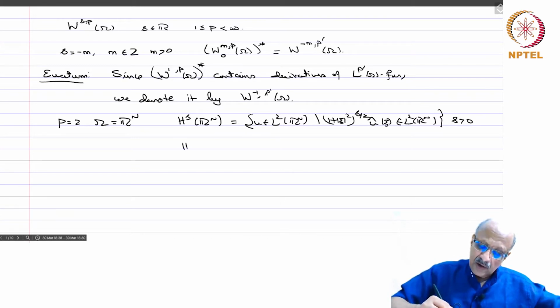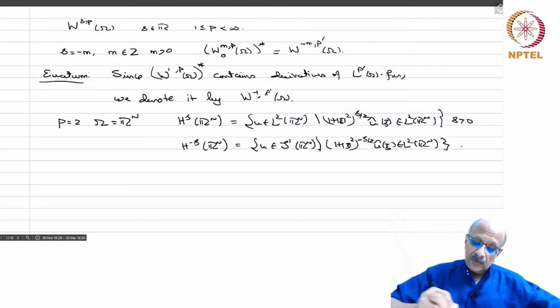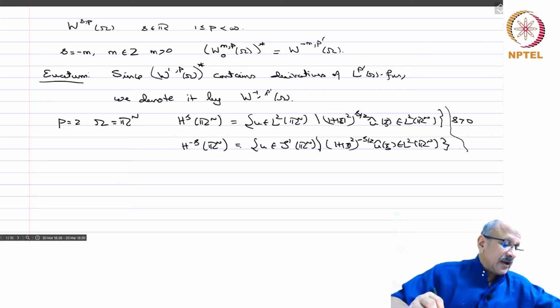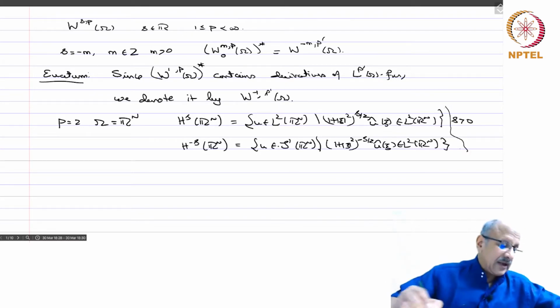And H^{-s}(R^n) is the set of all u in S'(R^n), tempered distributions, such that again (1+|ξ|²)^{-s/2} û(ξ) is in L2(R^n). So this is how we define them for s ≥ 0, and then we showed that in fact when s = 1 this is indeed the case.